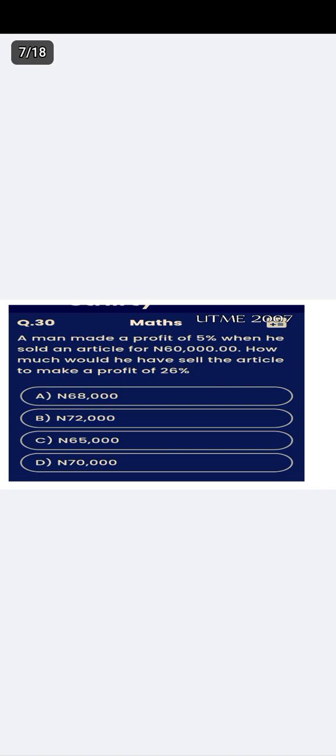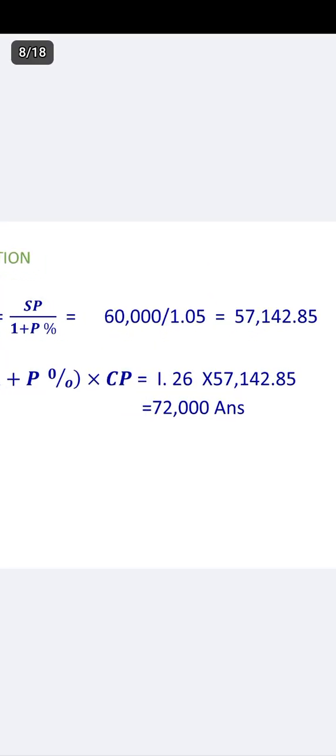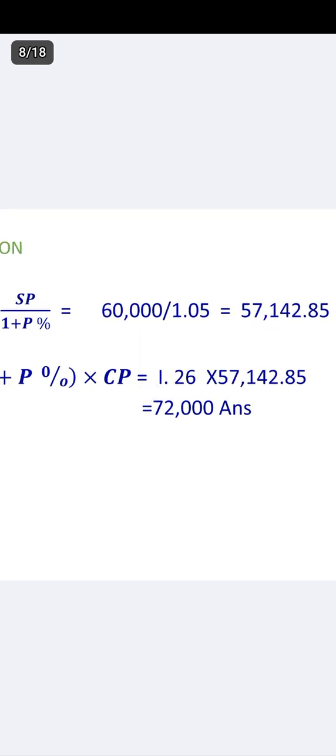Thereafter, we find how much we sell it for to make a profit of 26%. Let's go. Now, the cost price of that article is selling price over 1 plus profit percent, which is the same thing as 60,000 over 1.05. 1.05 is an increase of 5% to the cost price.